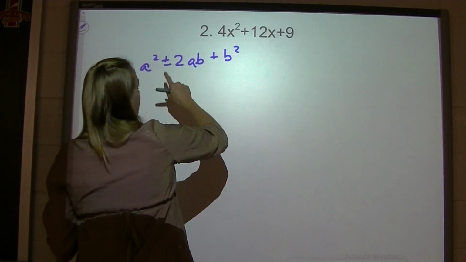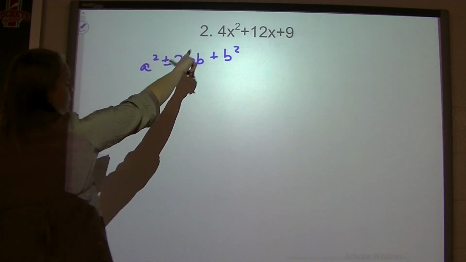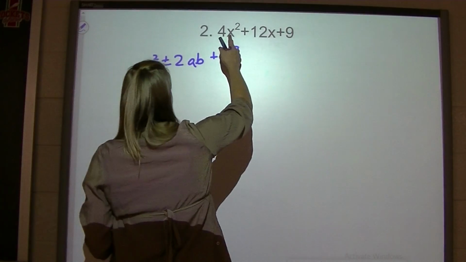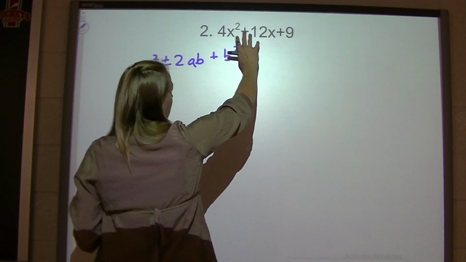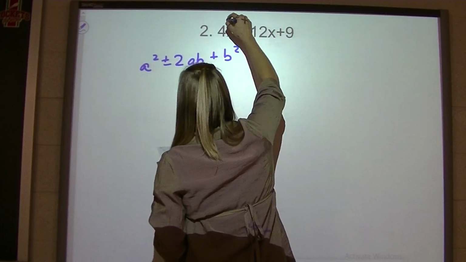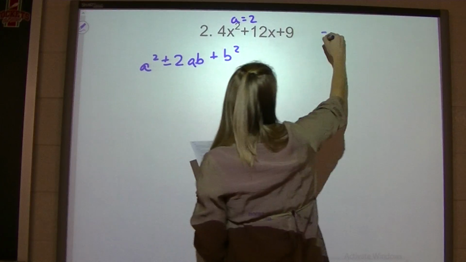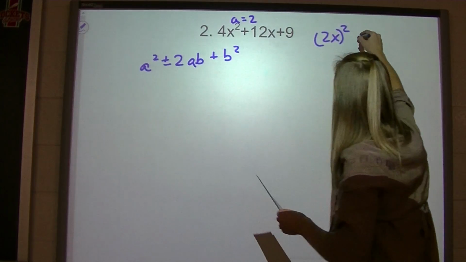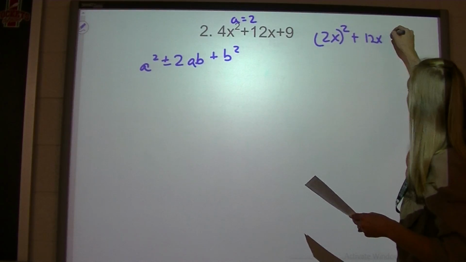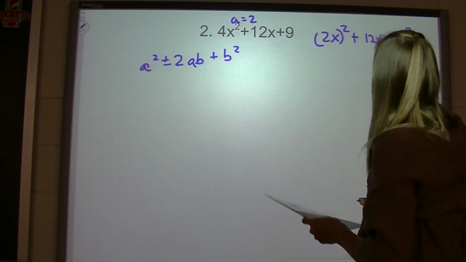So we look, okay, a is 4x squared, so it could be 2x because 2x squared is 4x squared. So we get a is 2x, so it could be 2x squared plus 12x plus 3 squared because 9 is a square number as well.